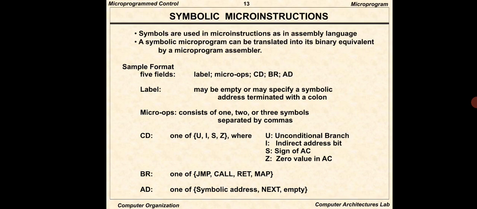These are the 4 conditions we check. Next is the branch field BR, which has 4 branching operations: jump, call, return, and map. Next is AD, the address field, which is the symbolic address field. The other fields are empty.